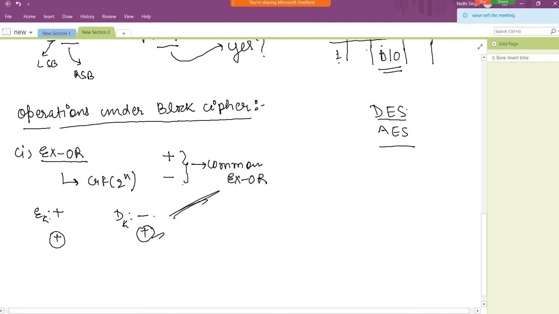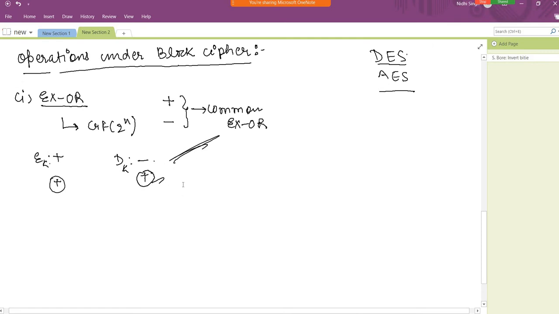Now the second operation is circular shift. In the circular shift, as you know, the block cipher is made up of multiple bits.